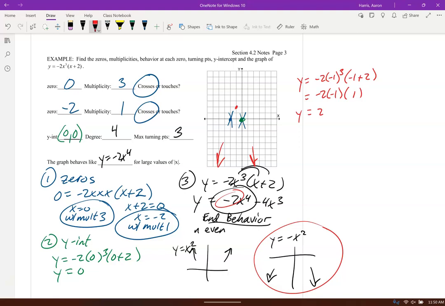Ideally, we throw in something between negative 1 and 2, like negative 3 halves. That'd be a good one as well. What you're going to see is it'll go up, come down, and as you plot a few points, it behaves like we expected. Again, the more points we plot, the more exact it will be.